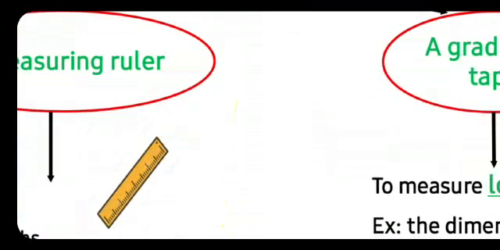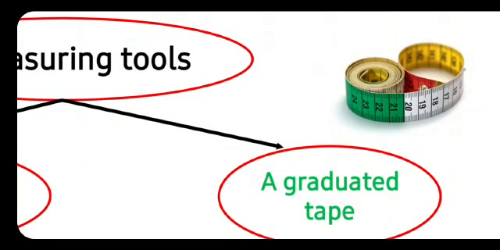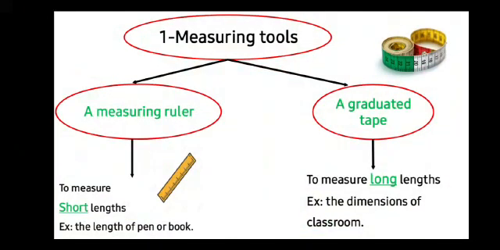And this is a picture of the ruler, and this is a picture of the graduated tape. So what's the difference between ruler and graduated tape? Ruler to measure short length, graduated tape to measure long length.